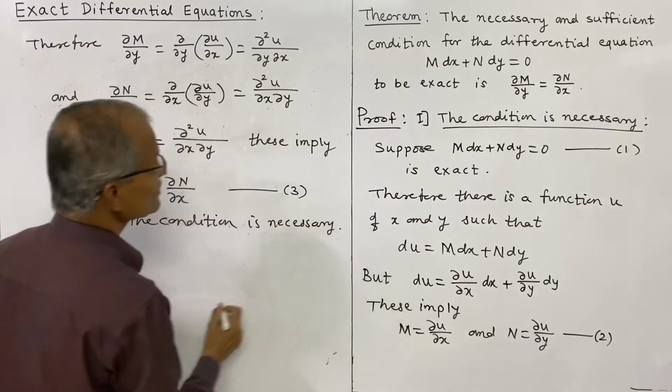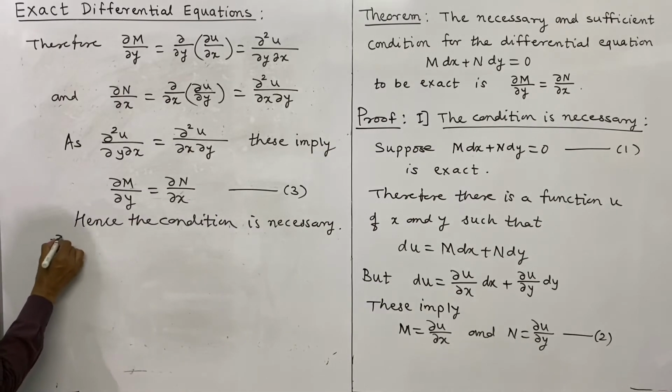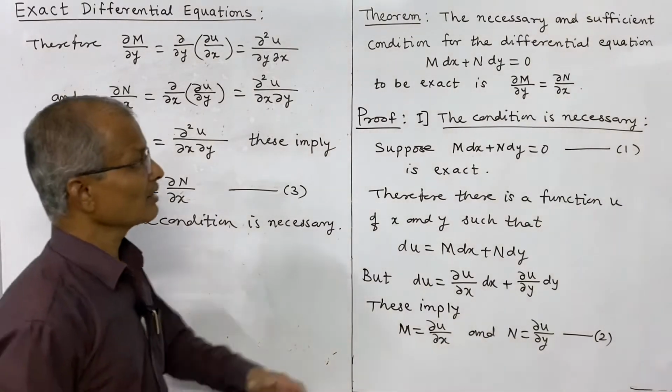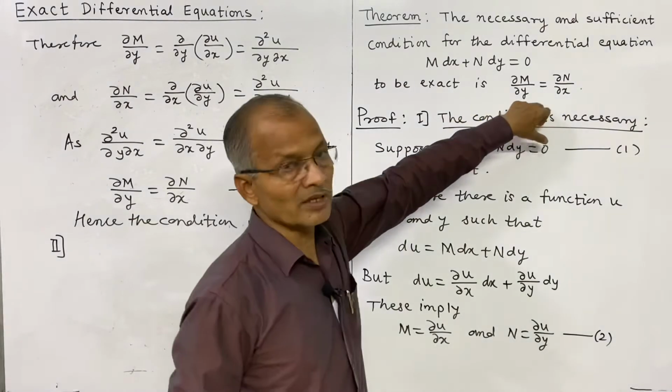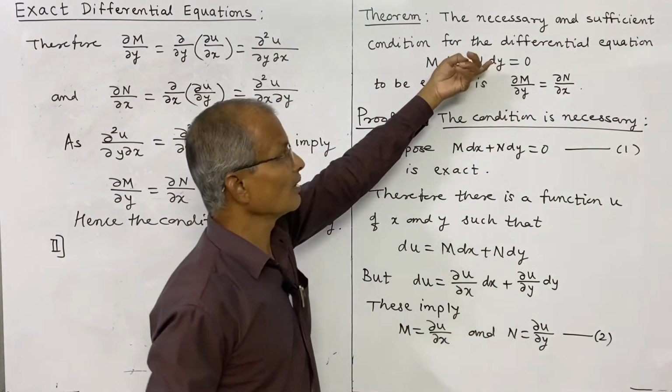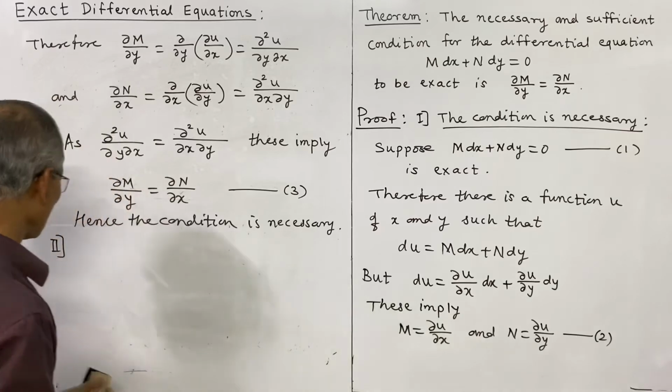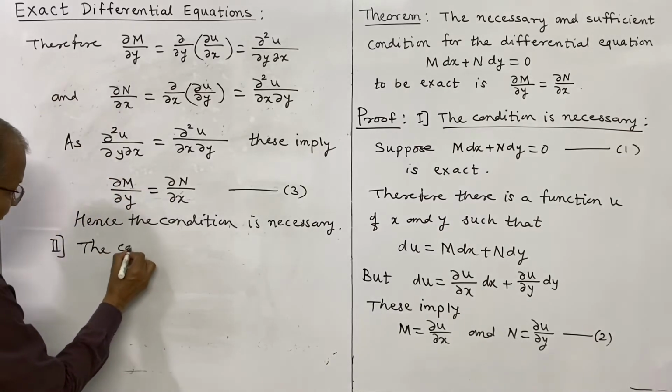Now the second part is that the condition is sufficient. That is the converse part. Suppose these partial derivatives are equal, then we have to prove the differential equation is exact. The condition is sufficient.